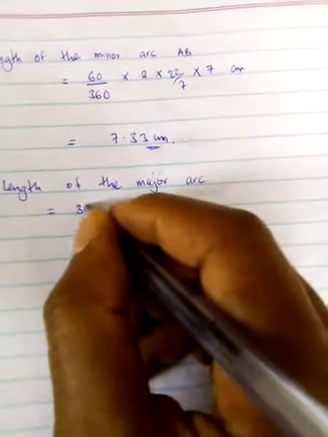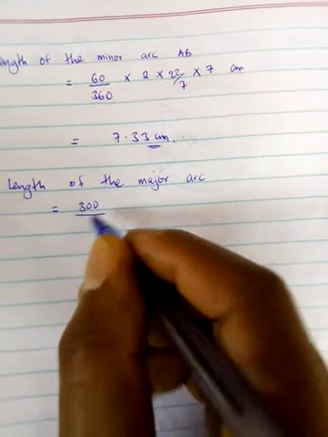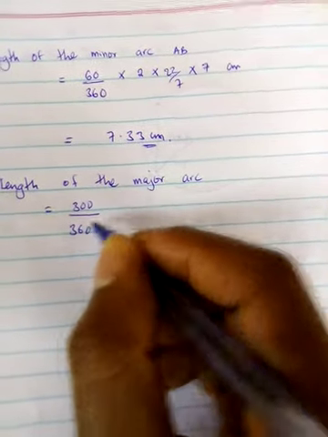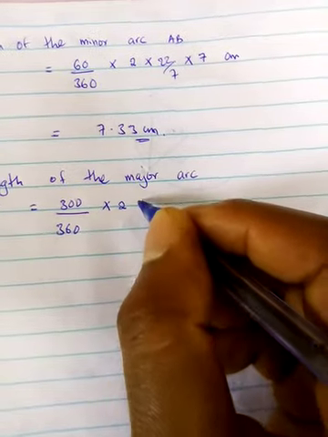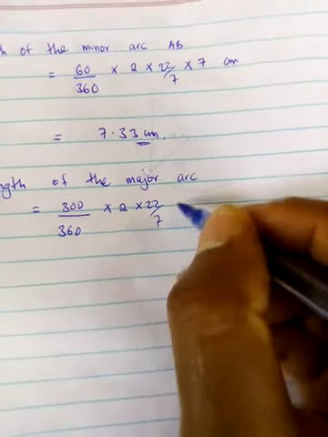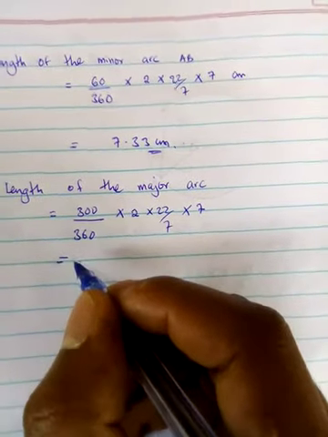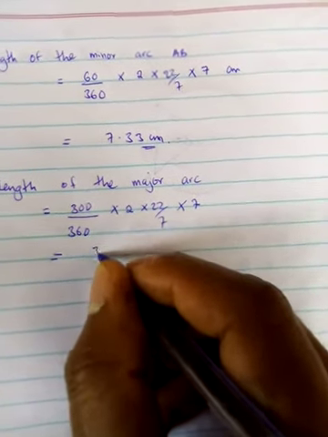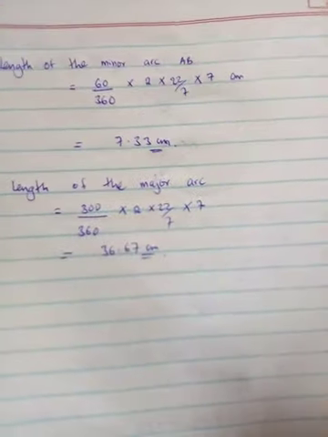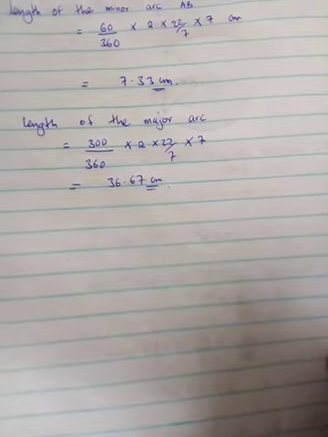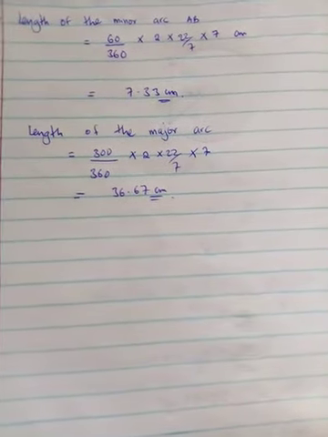I get 300 degrees, which is the angle made by the major arc, the bigger arc, divided by 360, multiplied by the circumference, which is 2 pi r, 22 out of 7, multiplied by r, 7, and this goes to 36.67 in centimeters. So it was as simple as that.